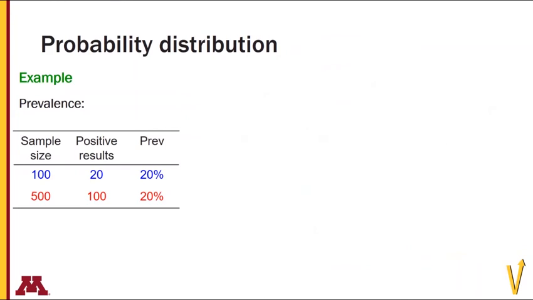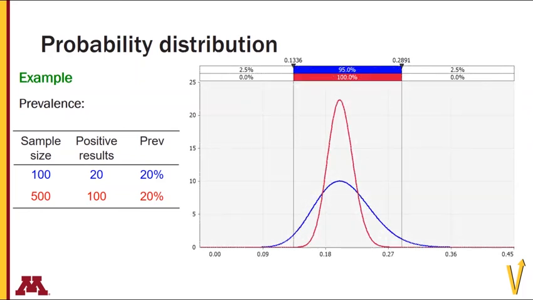Now imagine that we are in the best case scenario in which the prevalence was estimated by sampling. So in this case, to better illustrate the example, let's say that we have two samplings, one with sample size 100, the other with 500. Both obtain the same prevalence, that is 20%.